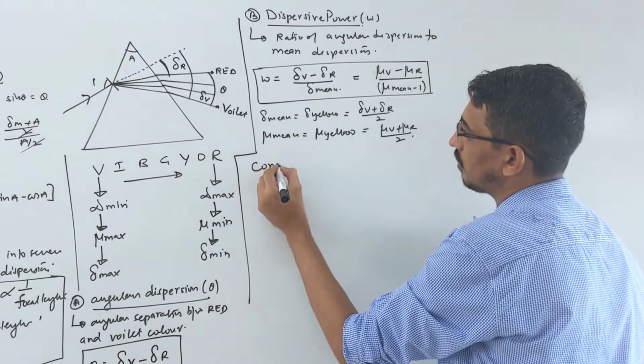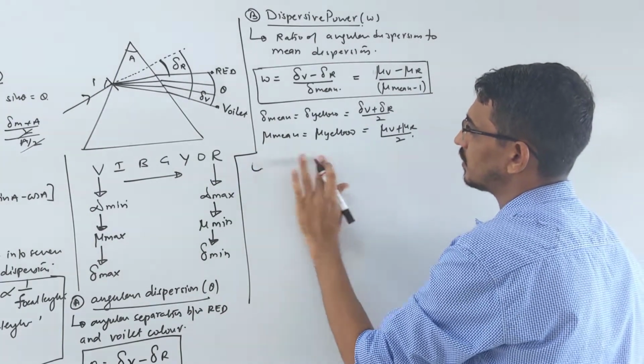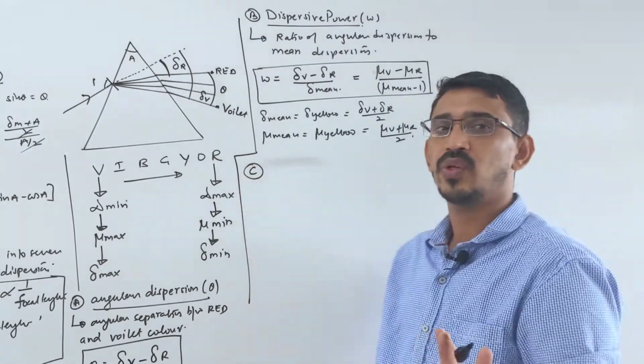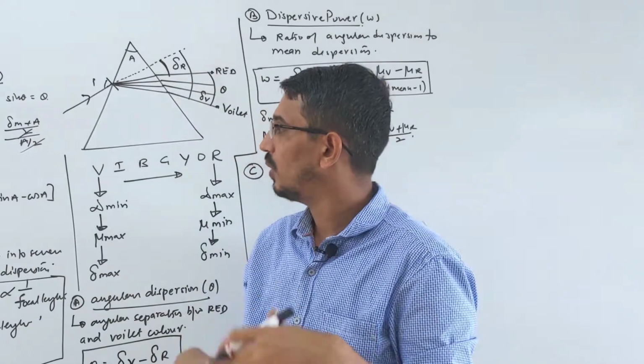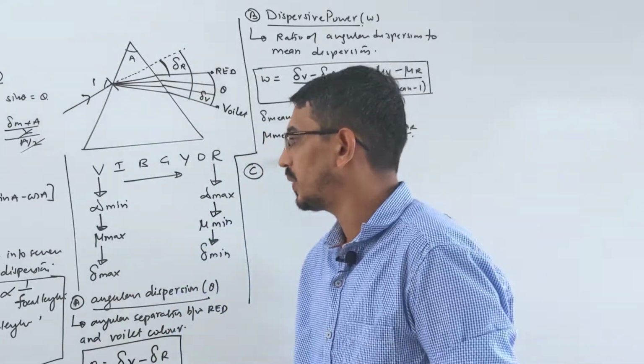Look here. First, let's talk: I want any one phenomenon only. Suppose I want only dispersion, or I want only deviation. So two things we can write.